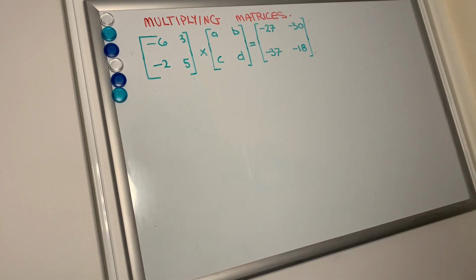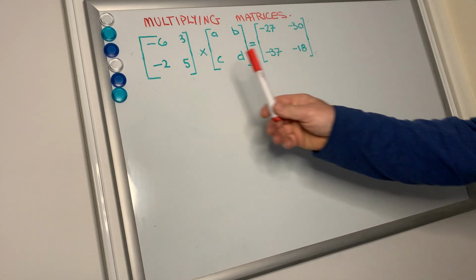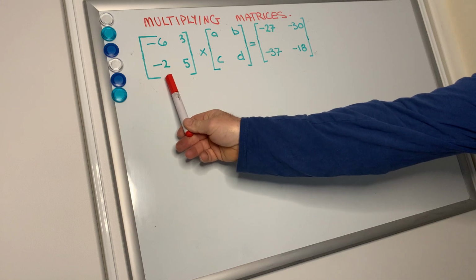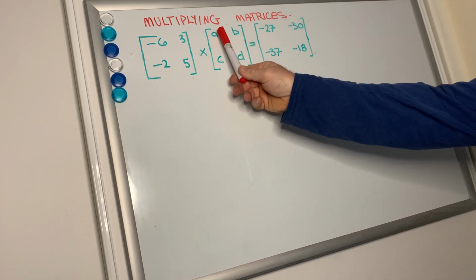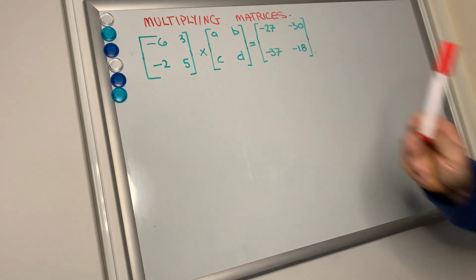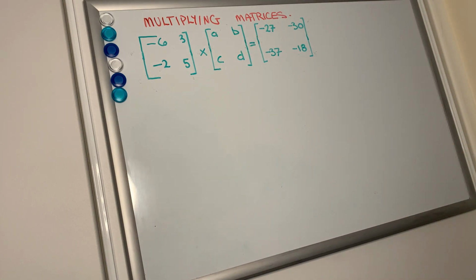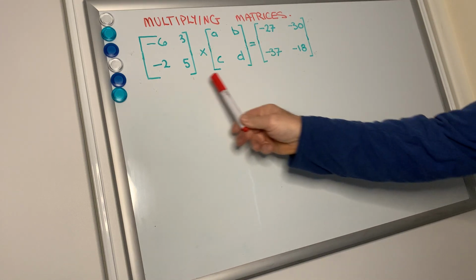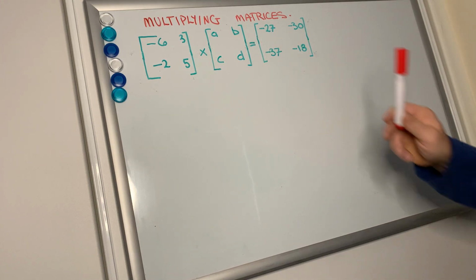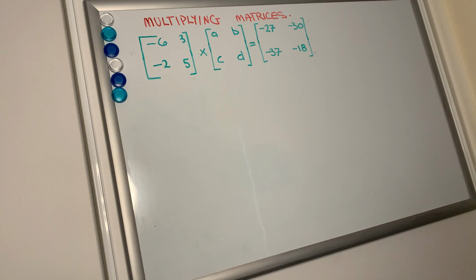We did have a look at a tutorial session on matrices the other day, but with this one, what I've got is one matrix multiplied by another matrix, and you'll notice there are elements A, B, C, D that are not nominated, and this multiplication gives us this product matrix.